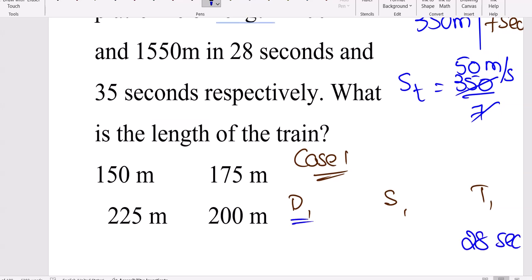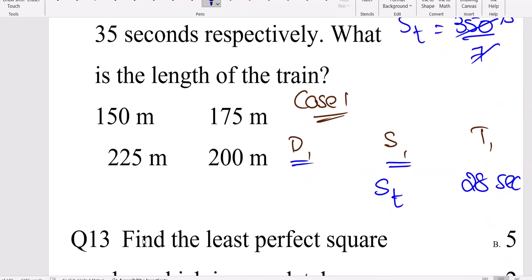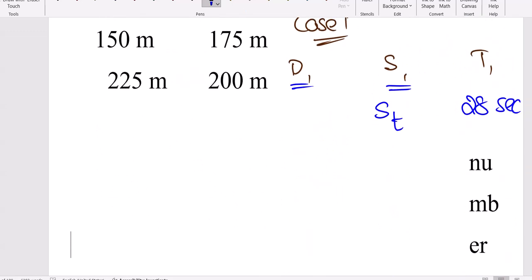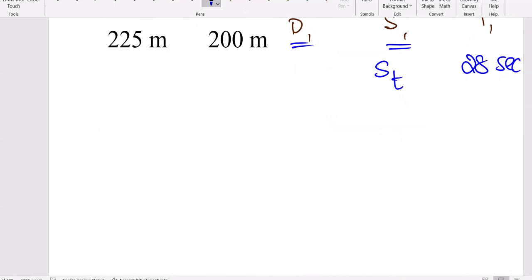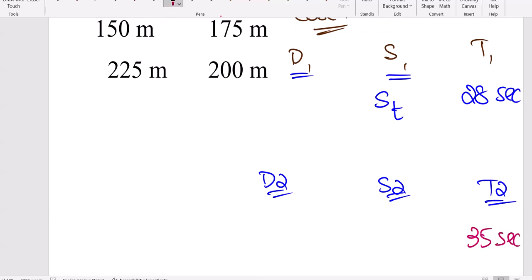But everybody focuses on the distance. Speed is the speed of the train. You got it as 50 now, with the shortcut. Next situation, distance, speed, time: 35 seconds here. Speed is the speed of the train, now distance.